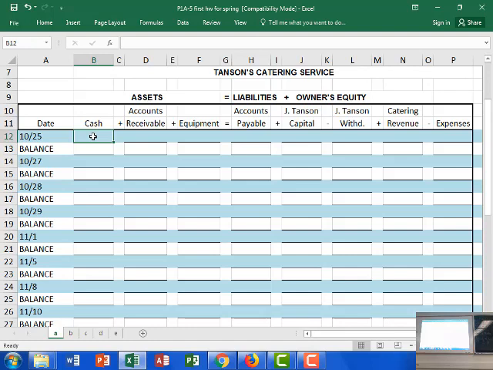It tells us what we've got: cash, accounts receivable, equipment, accounts payable, his capital account, his withdrawals, catering, and expenses. So you know that the revenue is going to be for any event that he's catering, any food, anything that he's done. Even if he just bakes a cake, that's what he's doing.